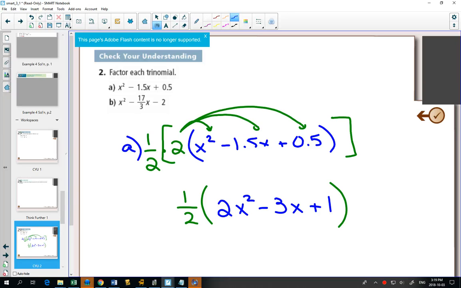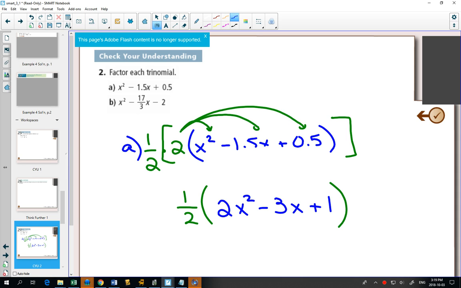Technically, if we want to get fancy, what I just did was I factored a fraction out of the whole thing. But sometimes factoring a fraction out of the whole thing is hard to visualize. It's easier to see that it would take timesing by 2 to get rid of all the decimal places. And so multiplying by 2 and multiplying by a half is like multiplying by 1. It doesn't change what the answer is, it just changes what it looks like.